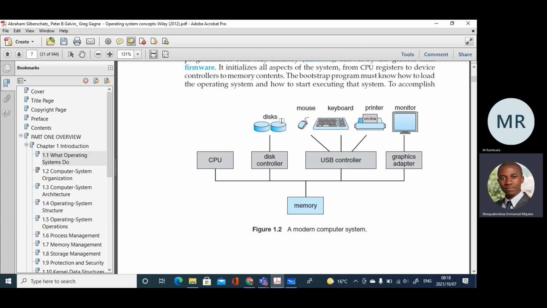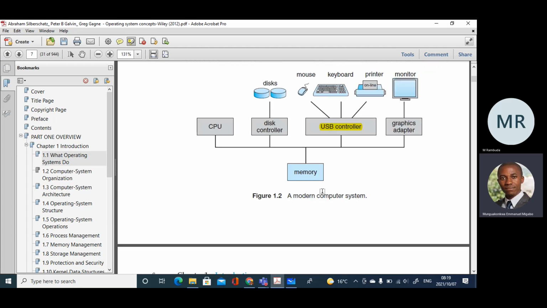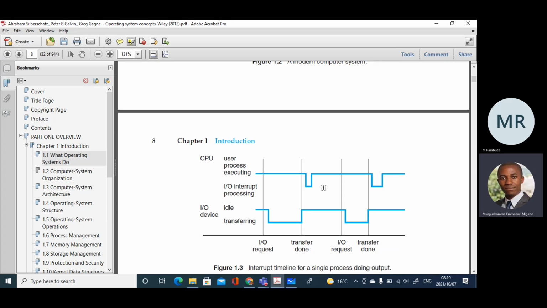So when it comes to disks, you have a disk controller. When it comes to USB, you normally have a USB controller, which manages all the low-level addresses of different USBs and so on. It behaves more like a hub, and I'm mentioning this because I'm assuming you've done some network as well. When it comes to the monitor, you normally have a graphics card adapter, and so on. So those are controllers, those are peripherals. That's just a basic structure of a modern computer system.